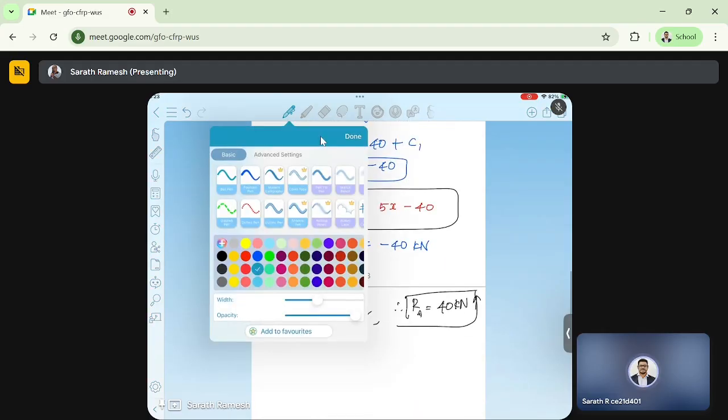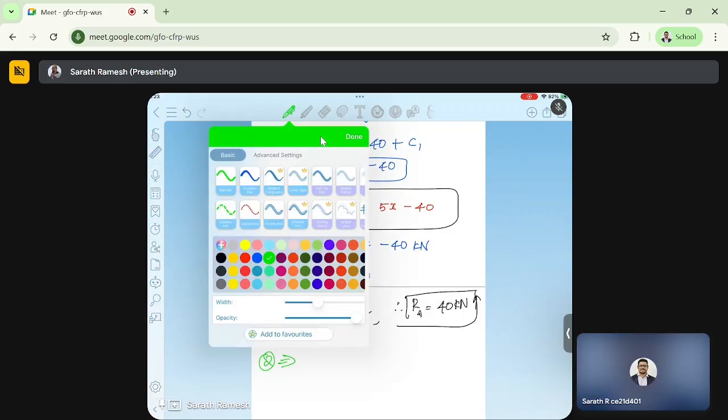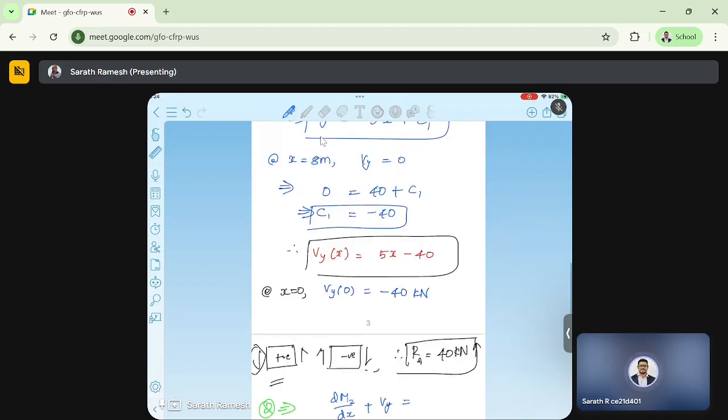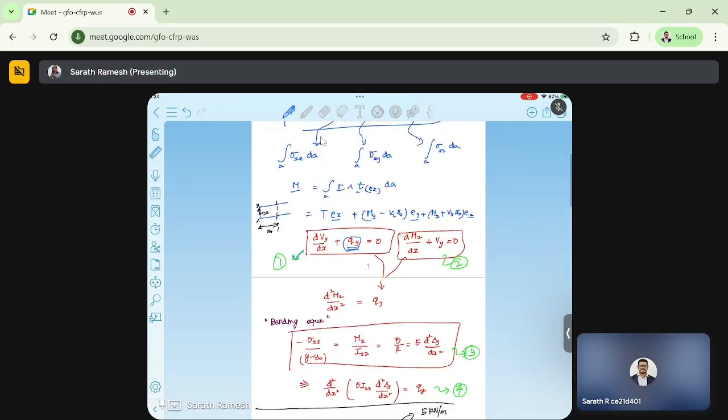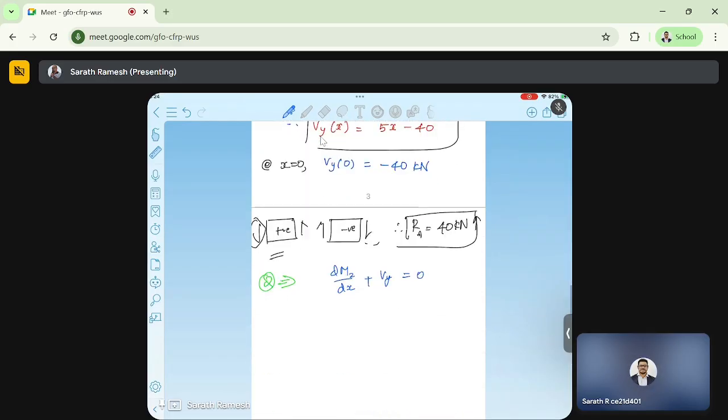Equation number 2 implies dmz by dx plus vy is equal to 0. So dmz by dx equals minus vy.